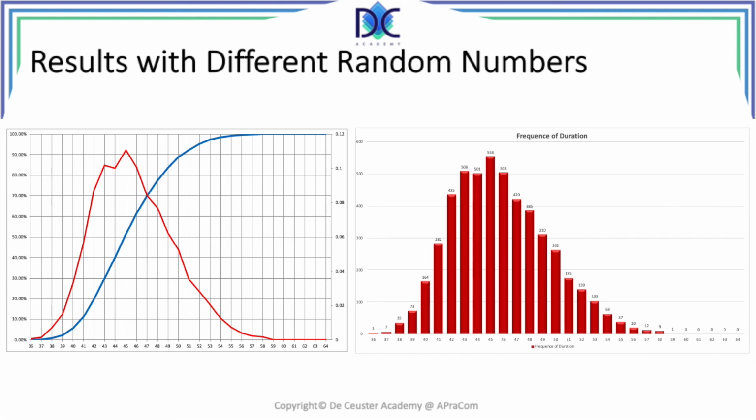Now what I see, this is one element, and the red line also, on the right hand side, you see the histogram, which is basically representing the same information as the density curve. The blue line is the cumulative curve. So we see basically an S-curve, which is typical for all these types of applications.